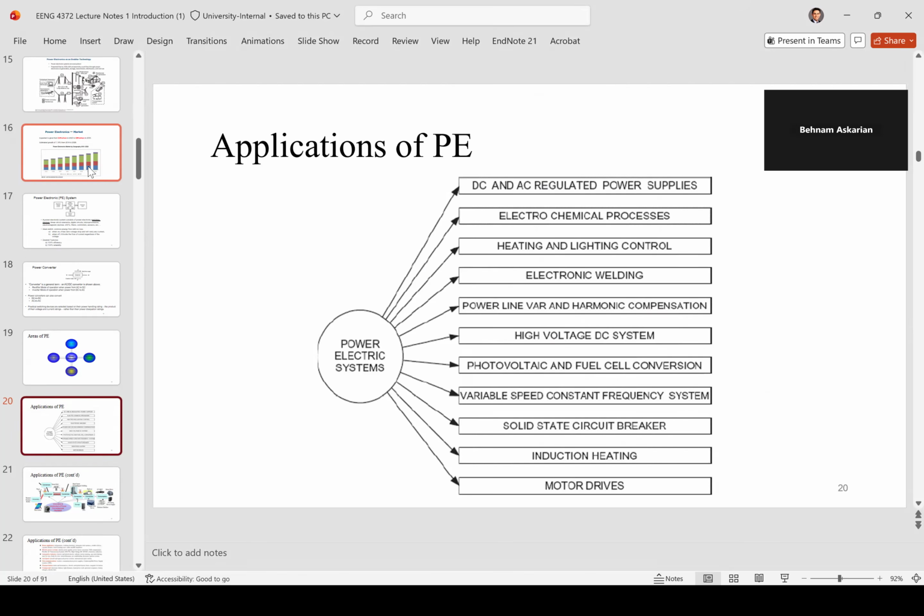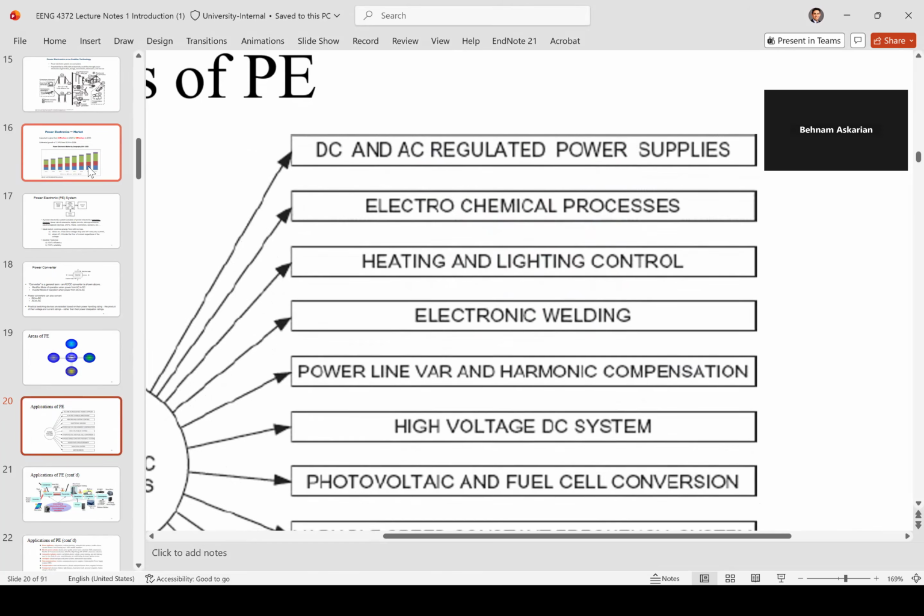Another one is electrochemical processes. Can you give me an example of this one? Fuel cells are a good example. Now, with fuel cells, if you put an anode and a cathode into water, you can separate the hydrogen and oxygen molecules. Usually they let go of the oxygen and store the hydrogen.